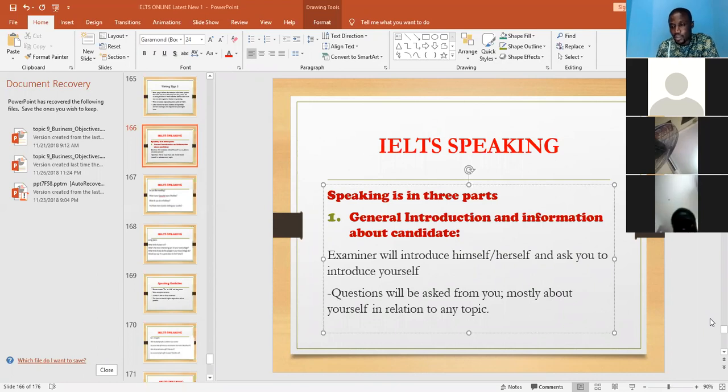So the examiner would read out your information and name and give out his or her own information too. And then he's going to ask general questions about you in relation to any topic. So that's part 1 of IELTS speaking. It's more of a general introduction and information about the candidate.